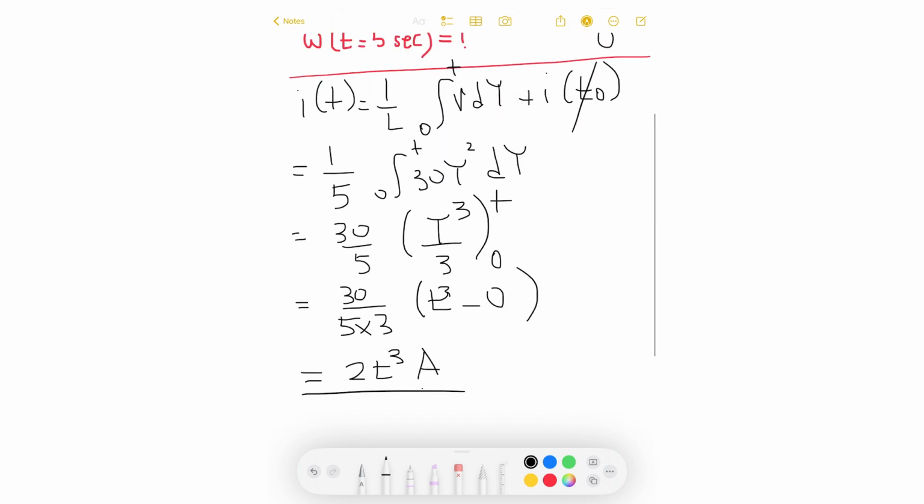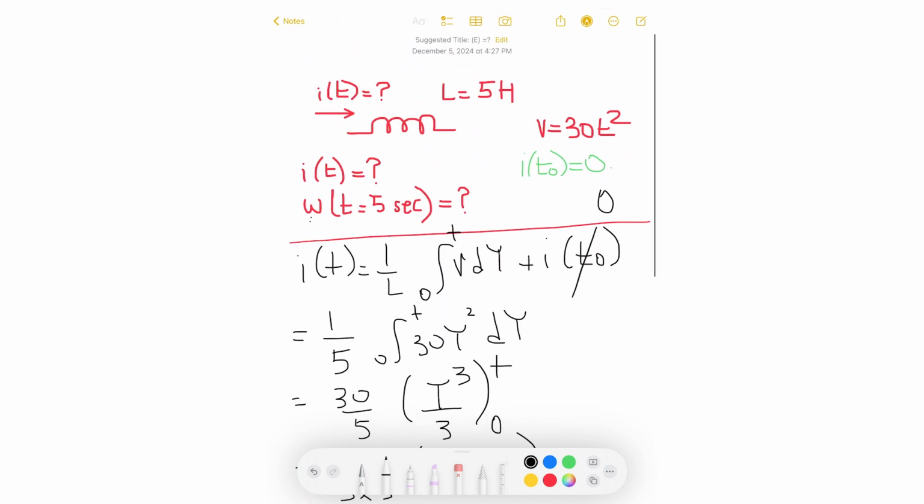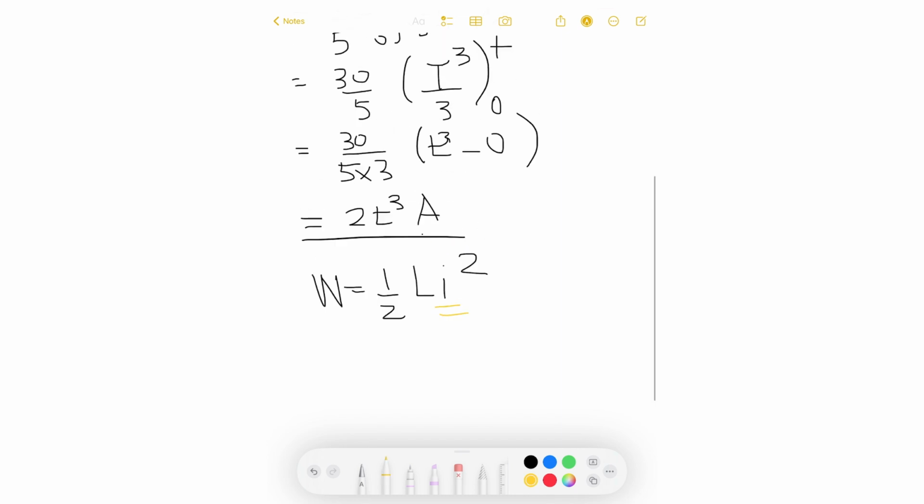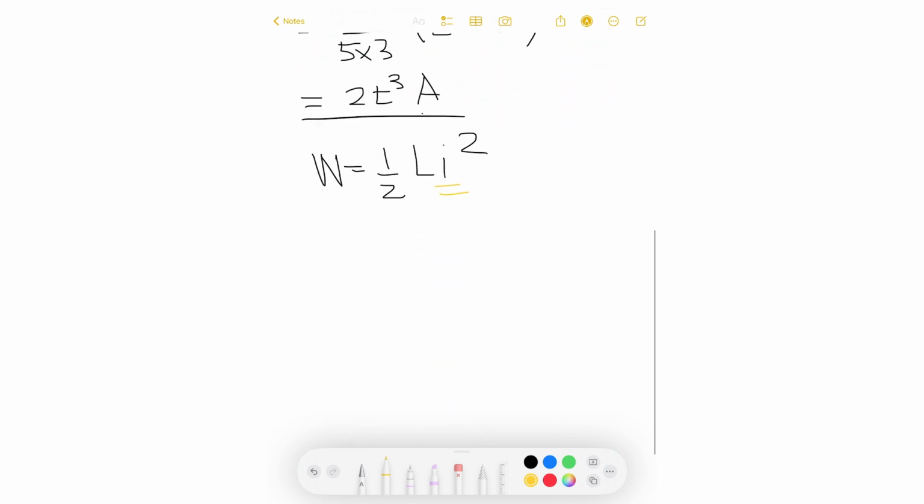The second thing they asked us to find is the energy W at the instant t is equal to 5 seconds. We already know that the formula for W is half L i squared. However, the current should be at the instant 5 seconds. So let's find that first. I at 5 seconds is simply 2 times 5 cubed, which is 125 amps.